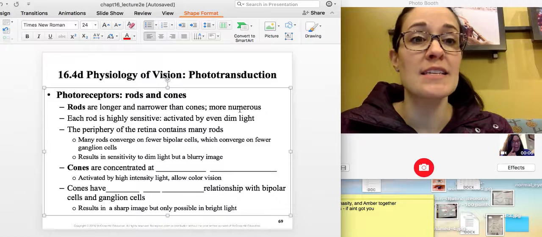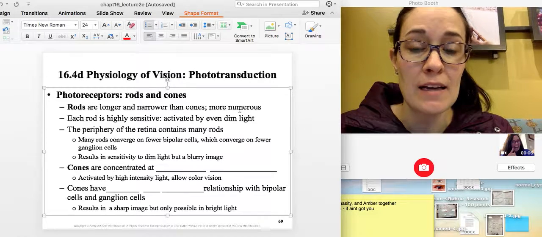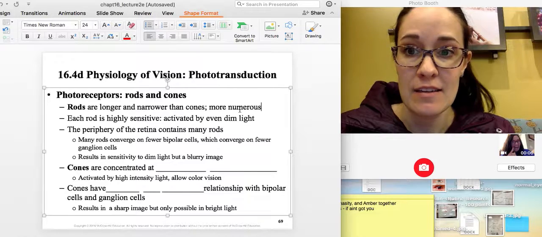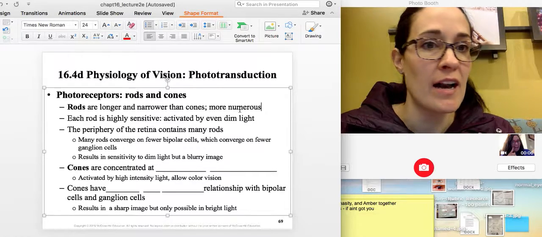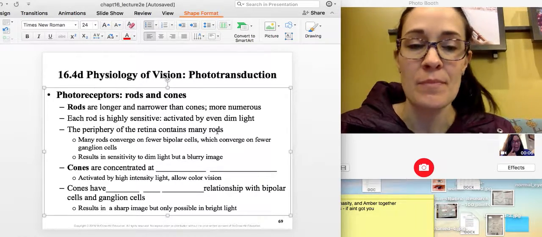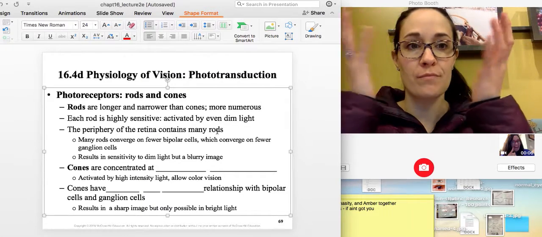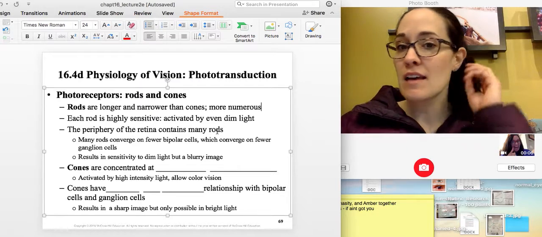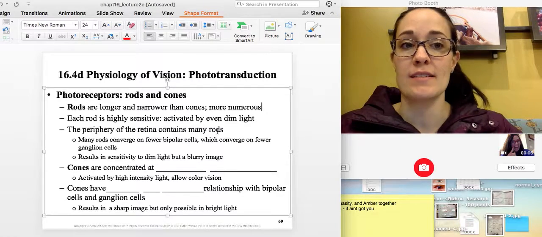Each rod is sensitive to low energy light, dim light. They're not active in bright light. Your peripheral retina, on the sides and insides, contains a lot more rods than the center.